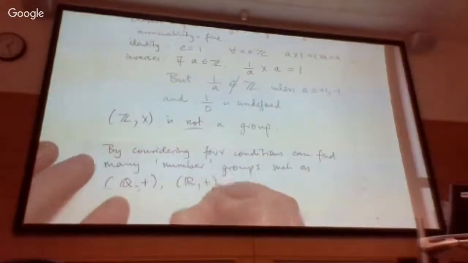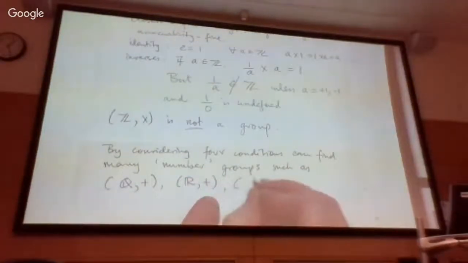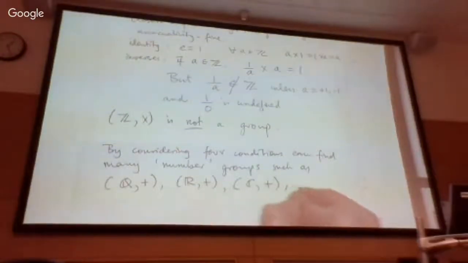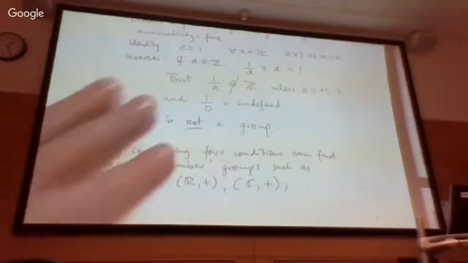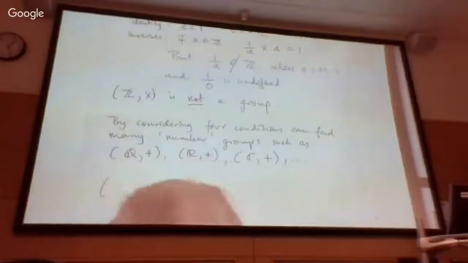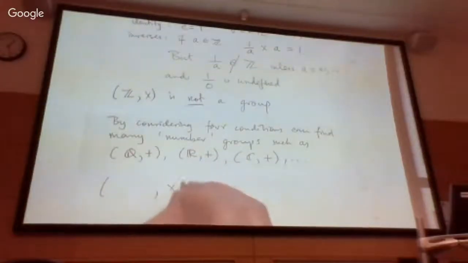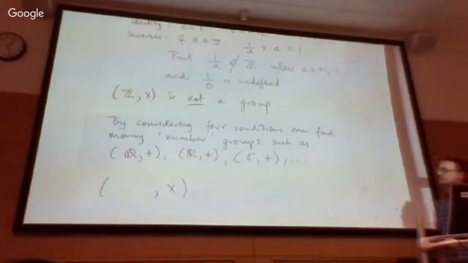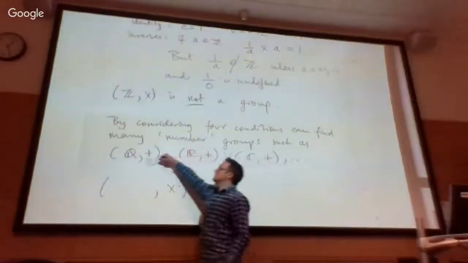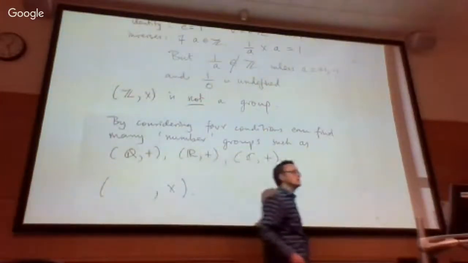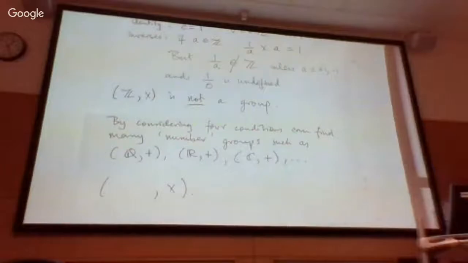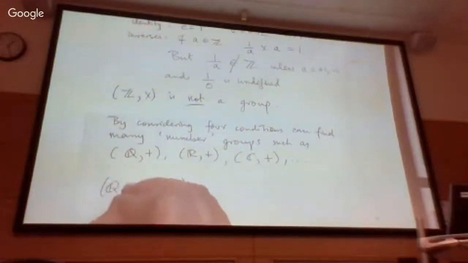The rationals under addition, the real numbers under addition, the complex numbers under addition. Multiplication, once you get to the rational numbers, multiplication will form a group, but you just need to get rid of the rational number 0. Okay? To get rid of the rational number 0, you've got a multiplicative group of numbers.